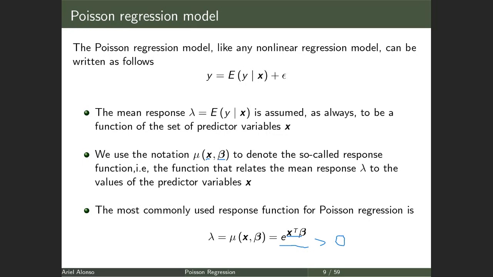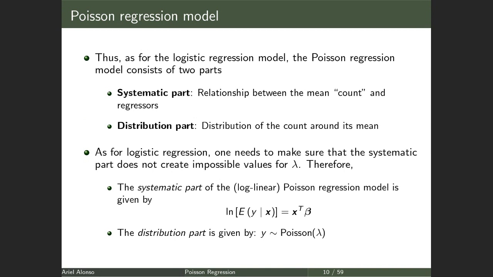It's the same reason why we use the logistic function as a response function and not, for instance, the linear link. It's because you need to guarantee that the mean stays in the appropriate range. So like with logistic regression, like with linear regression, the Poisson regression model consists of two fundamental parts.